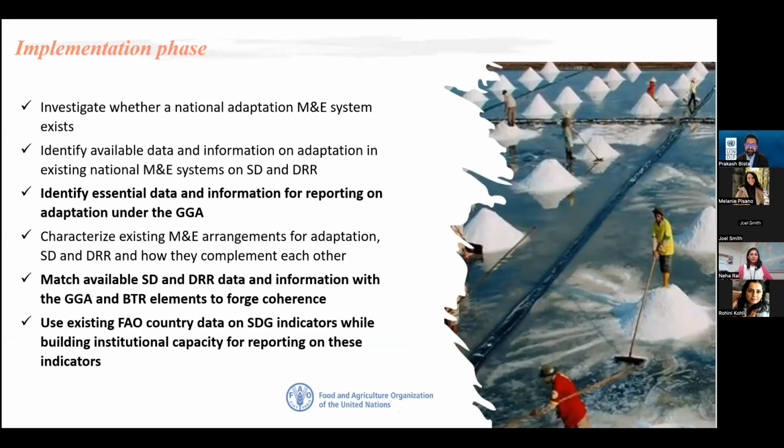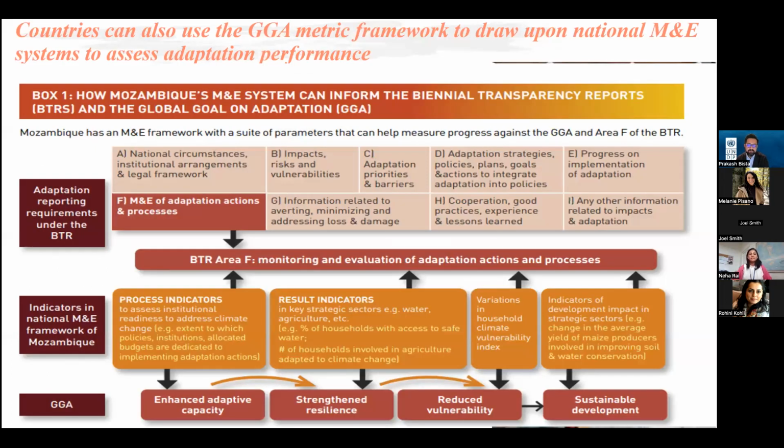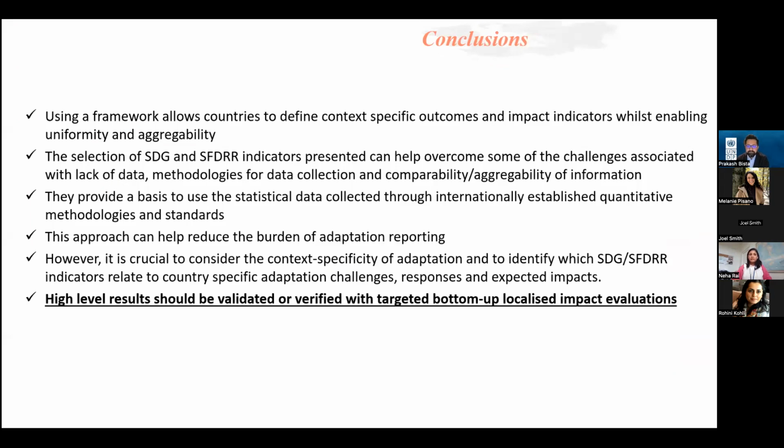But I think one thing I want to say, I don't want to go through all the slides, but one last point I want to make is that while this framework allows countries to define context-specific outcomes and impact indicators, and it can be used for aggregation and ensuring uniformity, it's also one of the indicators that needs to be informed by bottom-up results. So what is happening at the local level in countries should be supported in this kind of reporting, where you have more localized impact evaluation, localized assessments of whether adaptation is working or not.